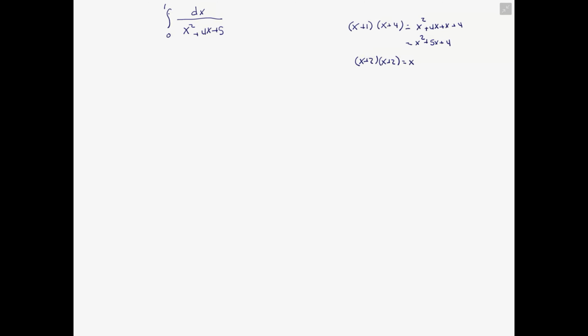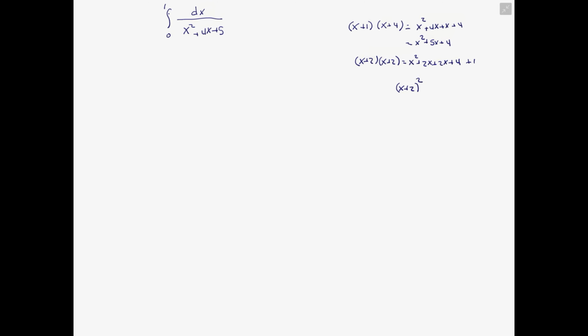And x plus 2, let's try x plus 2. x plus 2 times x plus 2 is x squared plus 2x plus 2x plus 4.